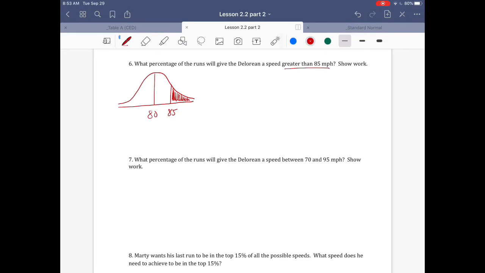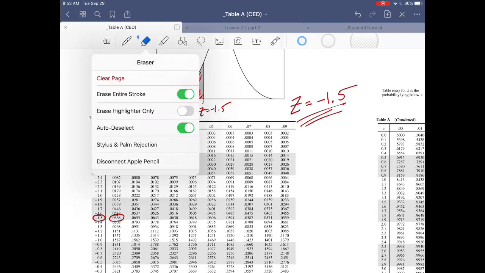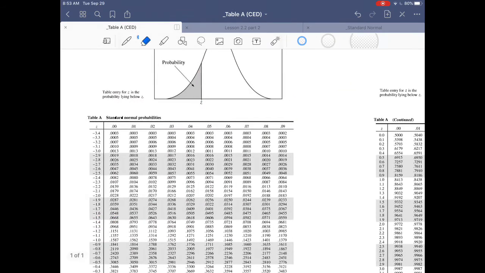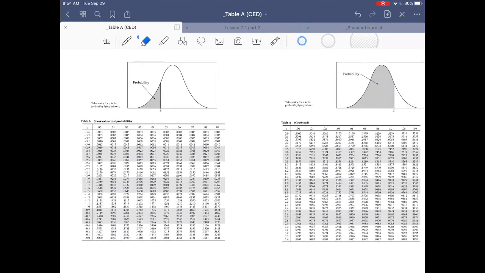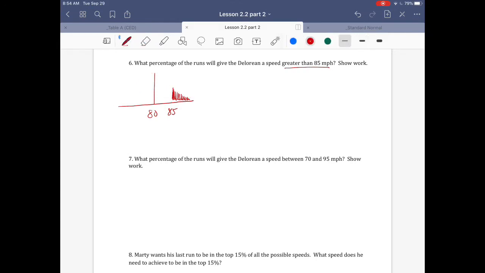And so remember, we're looking at the Table A here. And the Table A isn't based on this 80, 85. In fact, what you want to do is, in addition to sketching it, make sure that you are labeling that this is a normal distribution with 80 and 7.7.